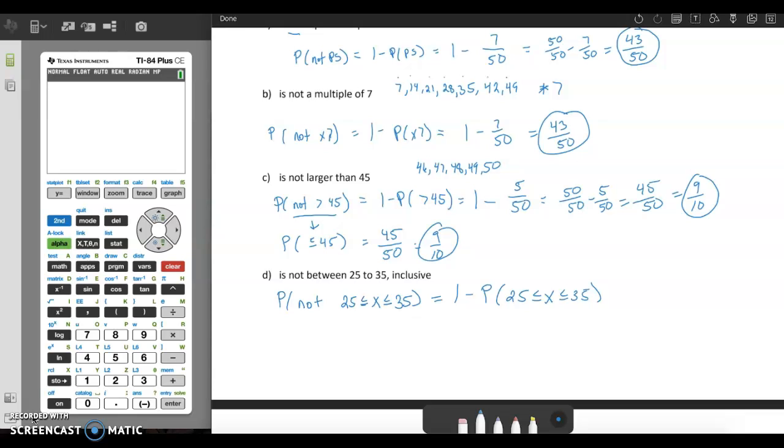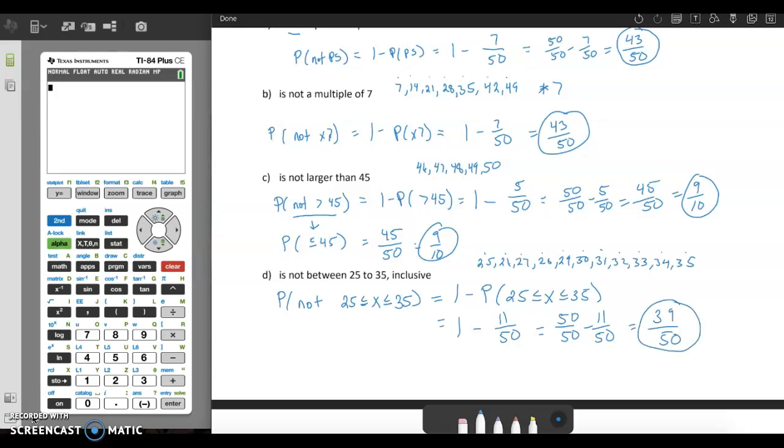If we're including the endpoints, we actually have 25, 26, 27, 28, 29, 30, 31, 32, 33, 34, and 35. That is 1, 2, 3, 4, 5, 6, 7, 8, 9, 10, 11 different values. So this is 1 minus 11 out of 50, or 50 out of 50 minus 11 out of 50. And that comes out to 39 out of 50.